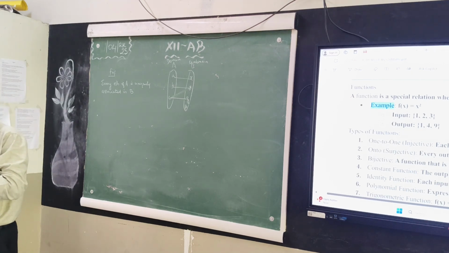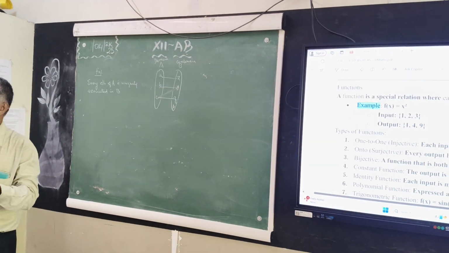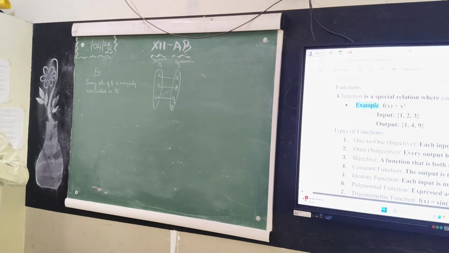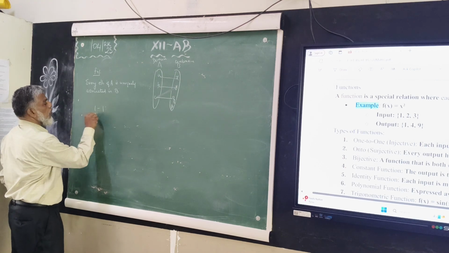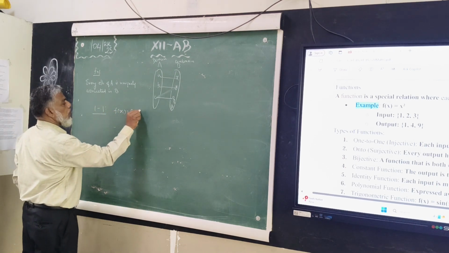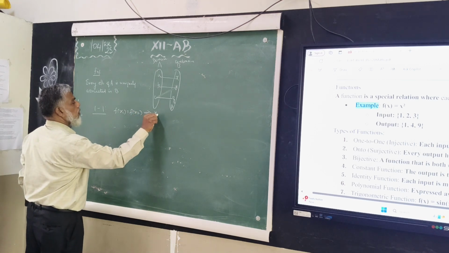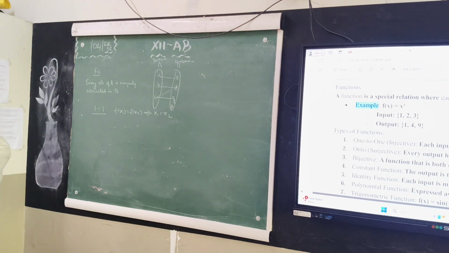If they ask you to prove 1-1, what formula do you have to use? F of x1 equal to F of x2 implies x1 equal to x2. This is the definition, or the formula you have to use for finding a 1-1 function. We have one more. What is the other one?